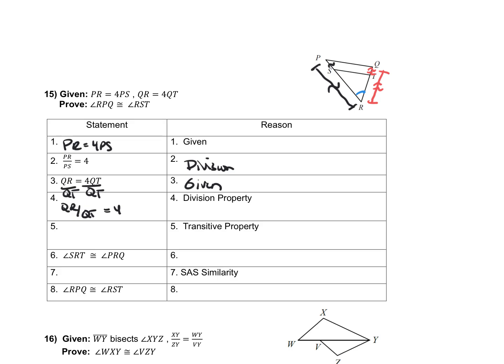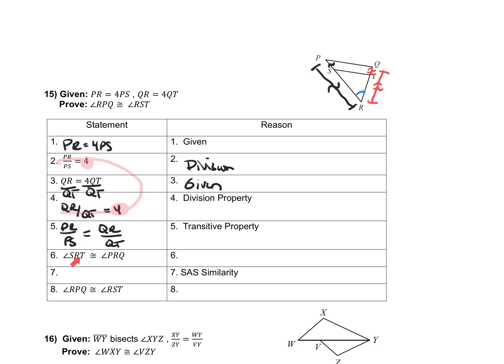So now I have both of my ratios are equal to 4. So I can use the transitive property where PR over PS is equal to QR over QT. So now I have a set of sides that are proportional.